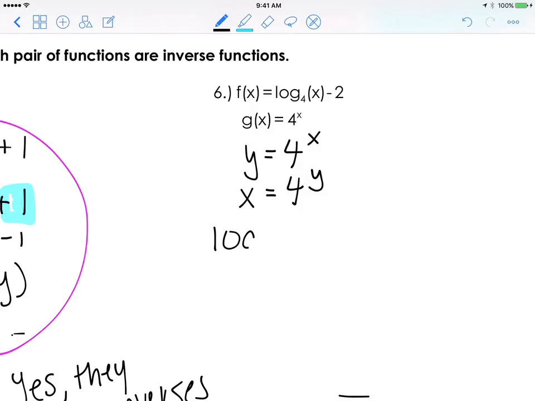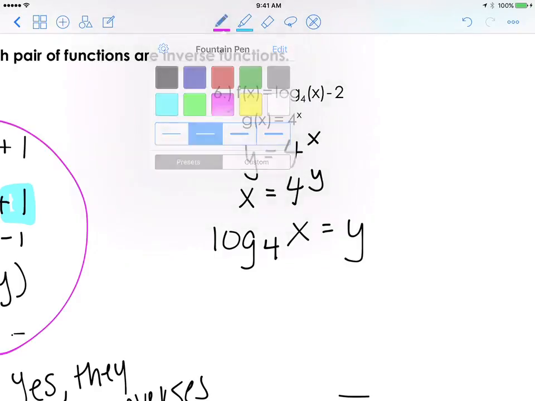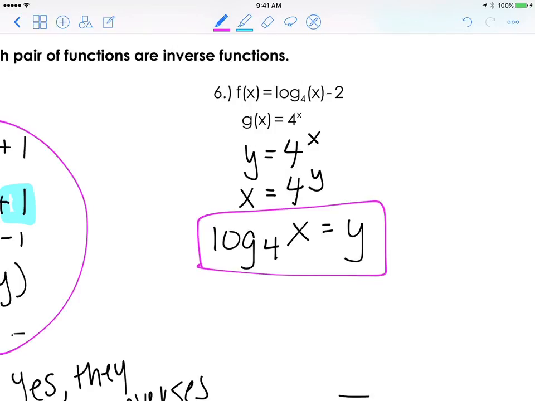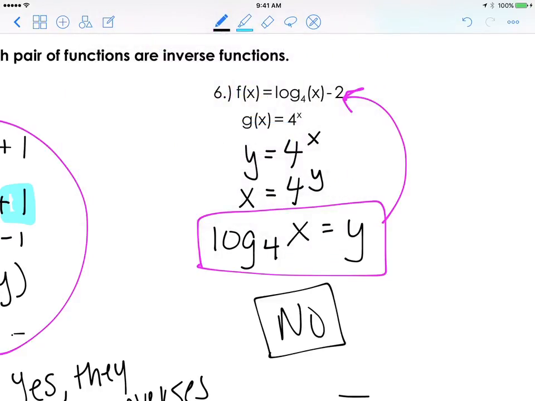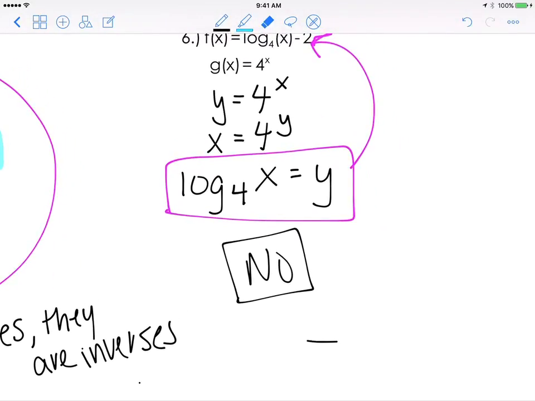So now I'm going to say log base 4 of x equals y. Are they the same thing? Is this the same as this log in our original? And the answer is no, they're not. They are not inverses of each other. That's all you have to do on this.